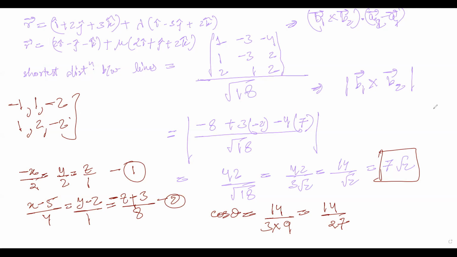So you have to find the equation of a line which is passing through 1, 2, minus 4 and which is perpendicular to the two lines. Meaning you're given these two lines, you have to find out a line which is perpendicular to both of them and passing through a point. So how do you do that?